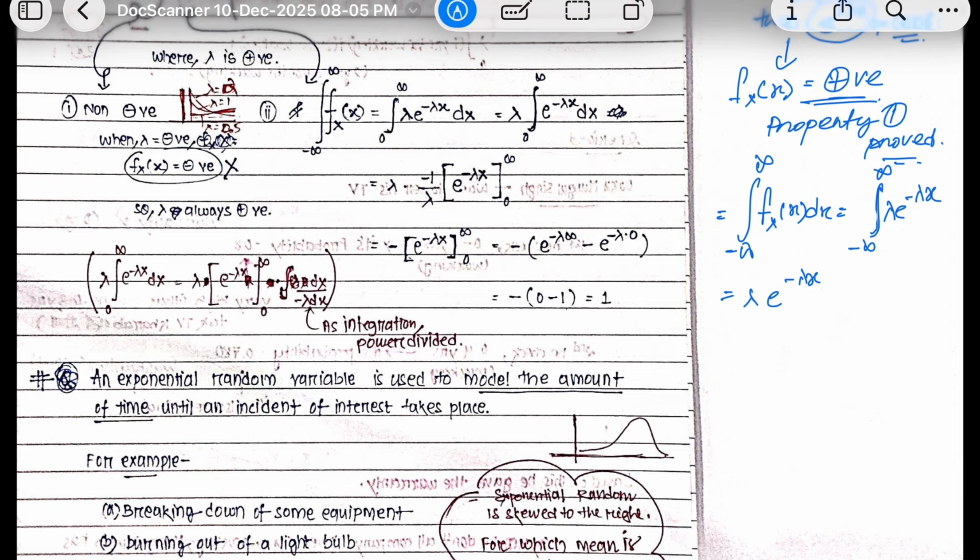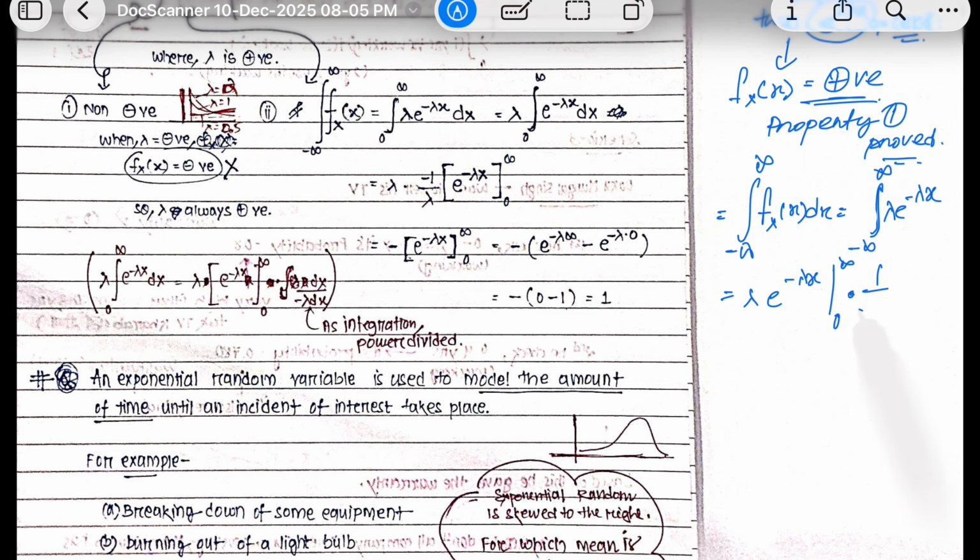This is from minus infinity to infinity, but the value is given only from 0 to infinity.